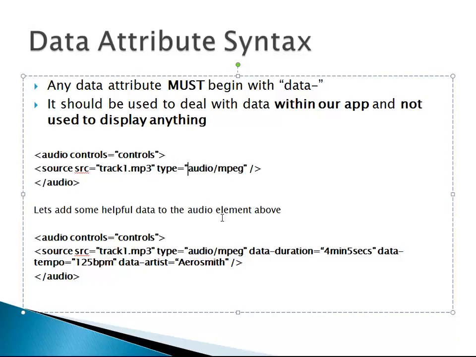Now we can add some helpful data to this with the data attribute. So you can see we can have our track, our type, and then we can have a data-duration, data-tempo, data-artist. So we can input any kind of data that we need to. And you'll notice that all of these start with data and then a dash.